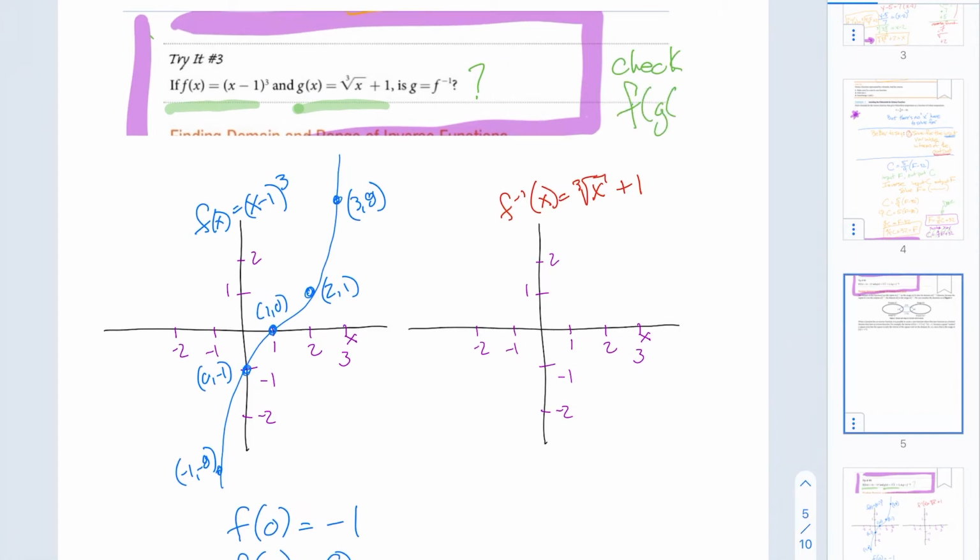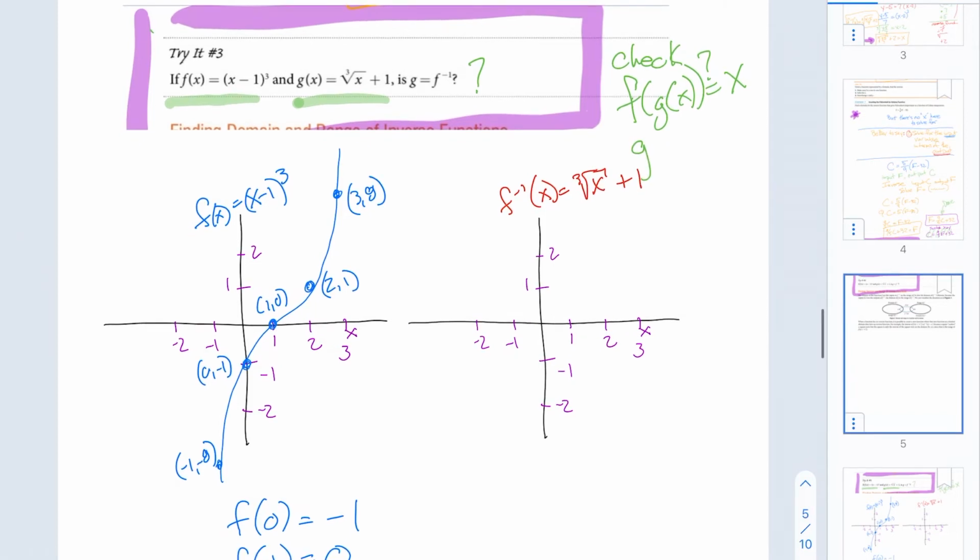You can check f of g of x, is that x? Because it should be the case that you apply g of x, and then you plug the output into f of x and you get back to where you started, or x. And it should go in either direction.